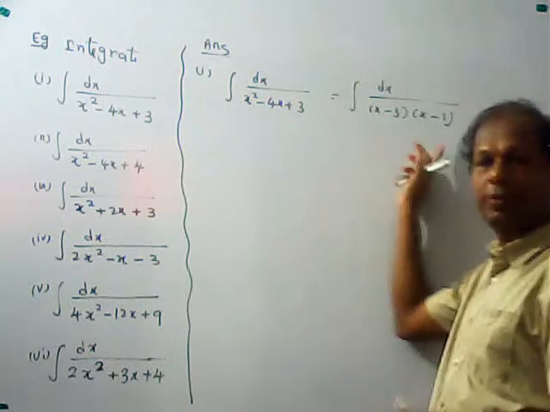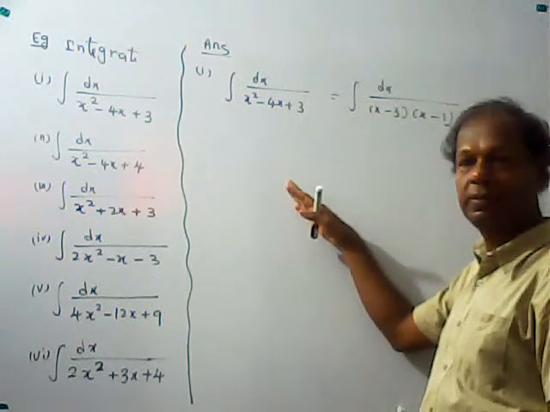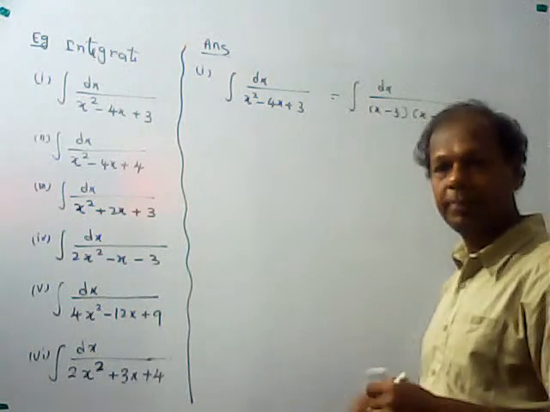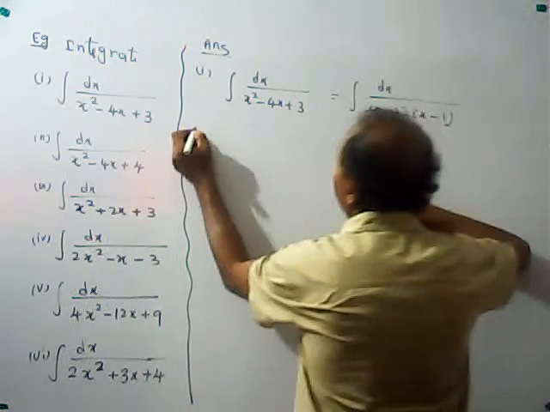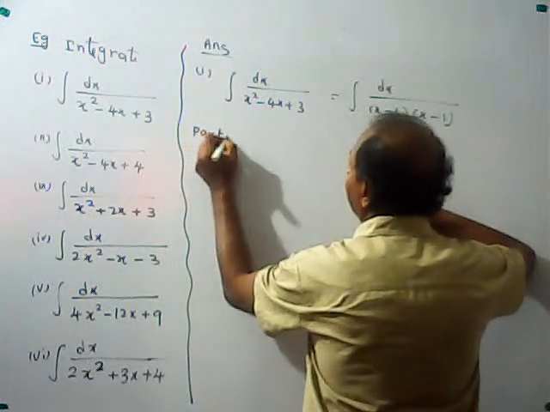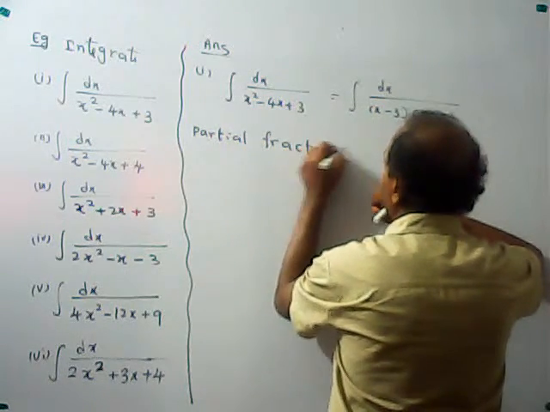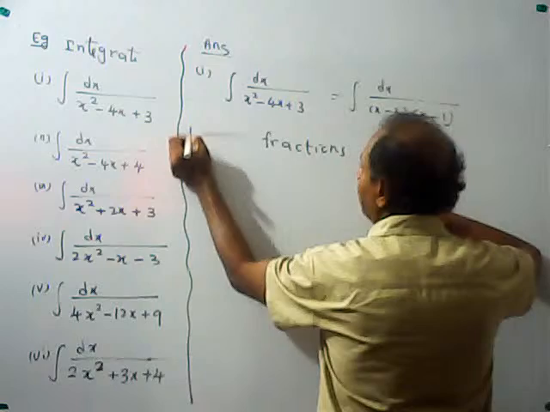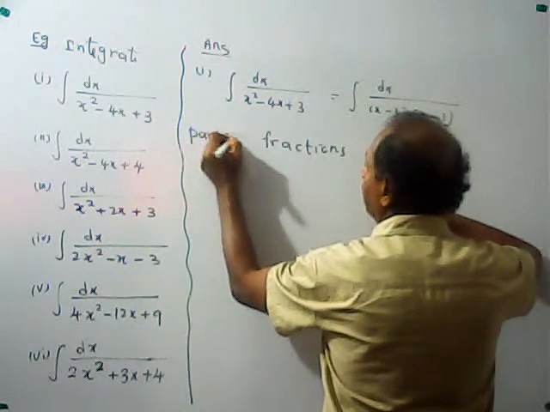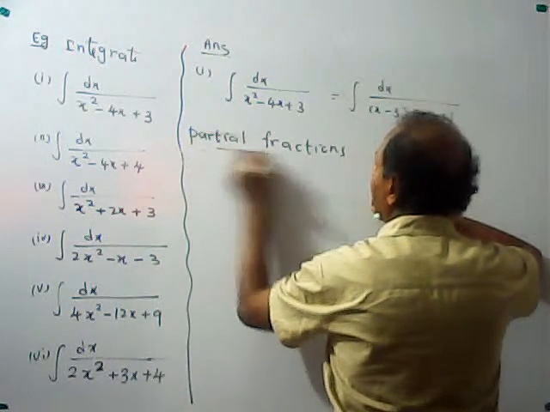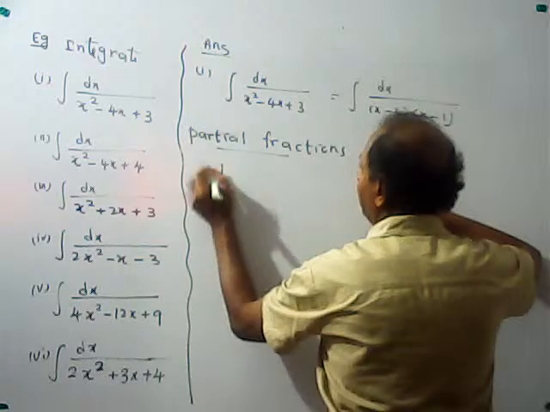Right? Two distinct factors. So we will find partial fractions. Use the easy method, the quick method.